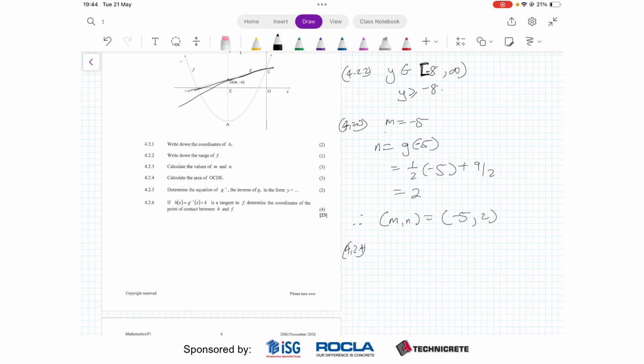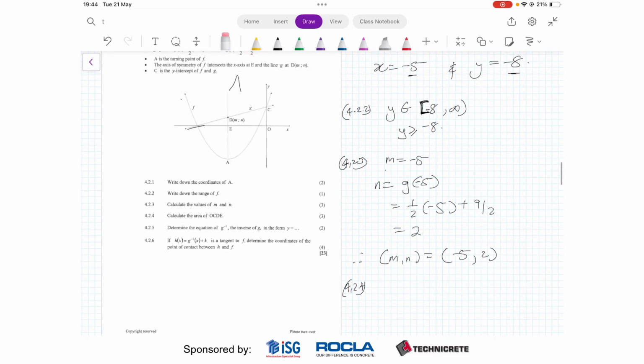4.2.4, we are asked to calculate the area of OCDE. So we are asked to calculate this area right here. Calculating this area requires us to use a combination of methods.